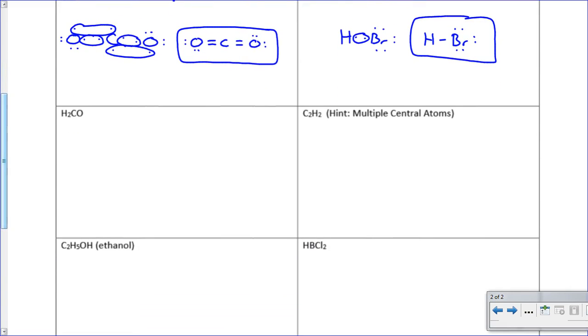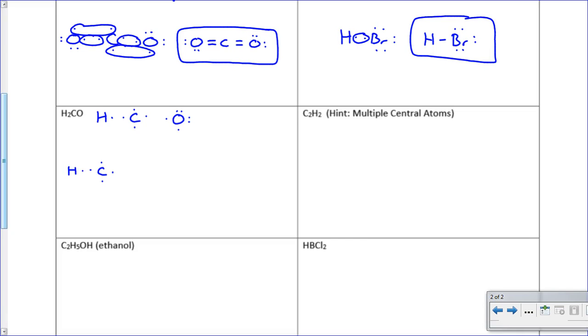H2CO, all right, so in this one we've got hydrogens, those want to make one bond. We've got carbons, those want to make 4 bonds, 4 valence electrons. Oxygen has 6 valence electrons, wants to make 2 bonds. There are 2 hydrogens, so I'm going to draw my carbon here.